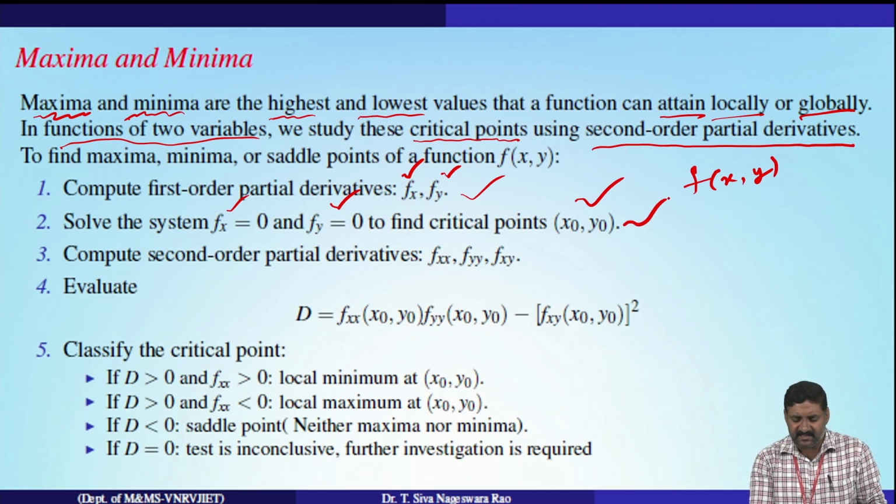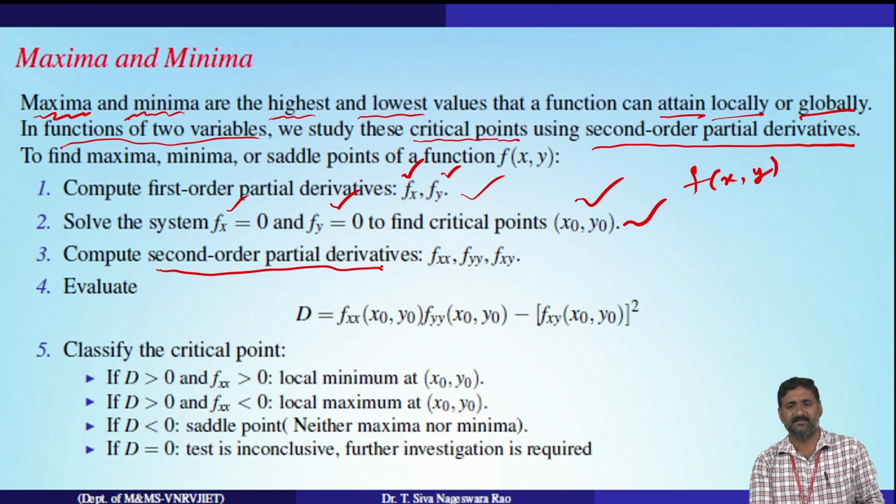After finding these critical points, we compute second order partial derivatives. Only by finding second order partial derivatives can we identify the nature of the function, meaning whether it has a maximum value, a minimum value, or neither maxima nor minima.